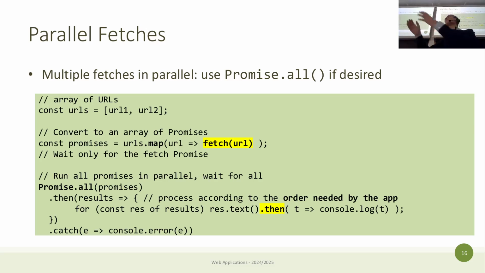Like I have a list of users and a list of courses and a list of whatever rooms at the university. There are 3 independent requests. I can run them in parallel. It's fine. I don't need to wait the answer of the user list to ask for which rooms are available at the university.